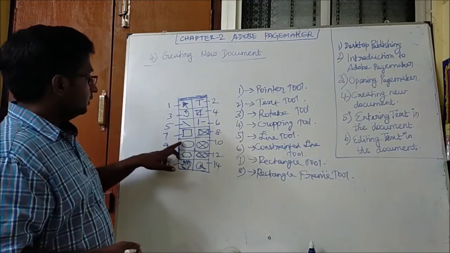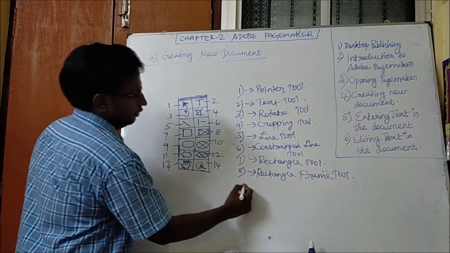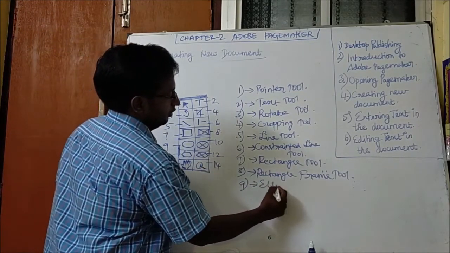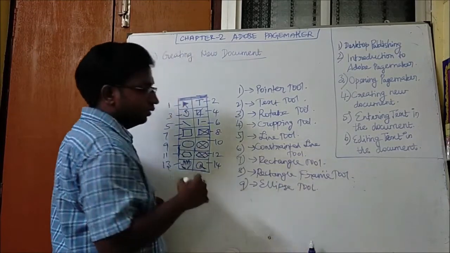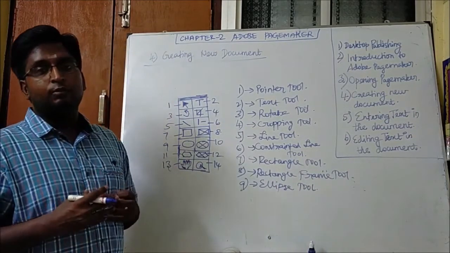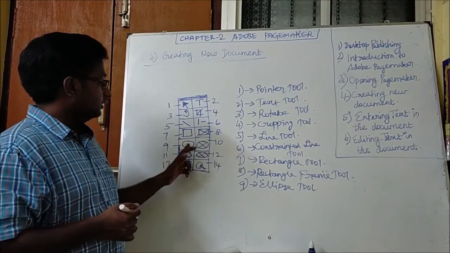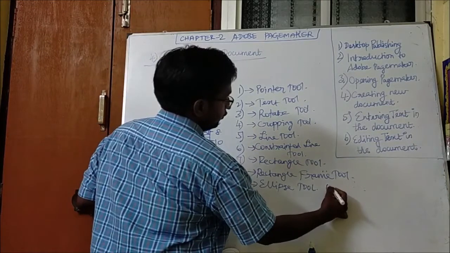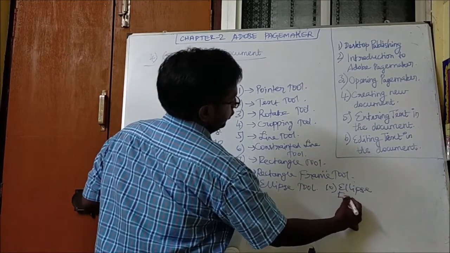Similarly, this is the ellipse, to draw a circle or oval, whatever the circular image shape, you can use this ellipse tool. Similarly, this is the ellipse frame tool.